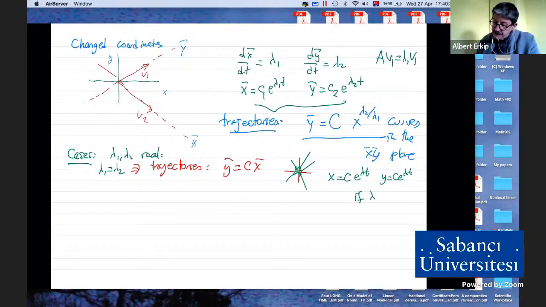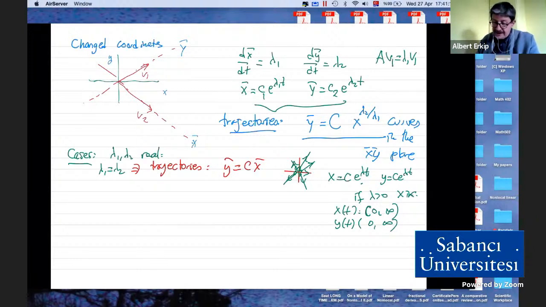If lambda is positive, x of t goes from 0 to infinity, and y of t goes from 0 to infinity, because x is increasing. So the trajectories for lambda positive are half lines like this, going from 0 to infinity.